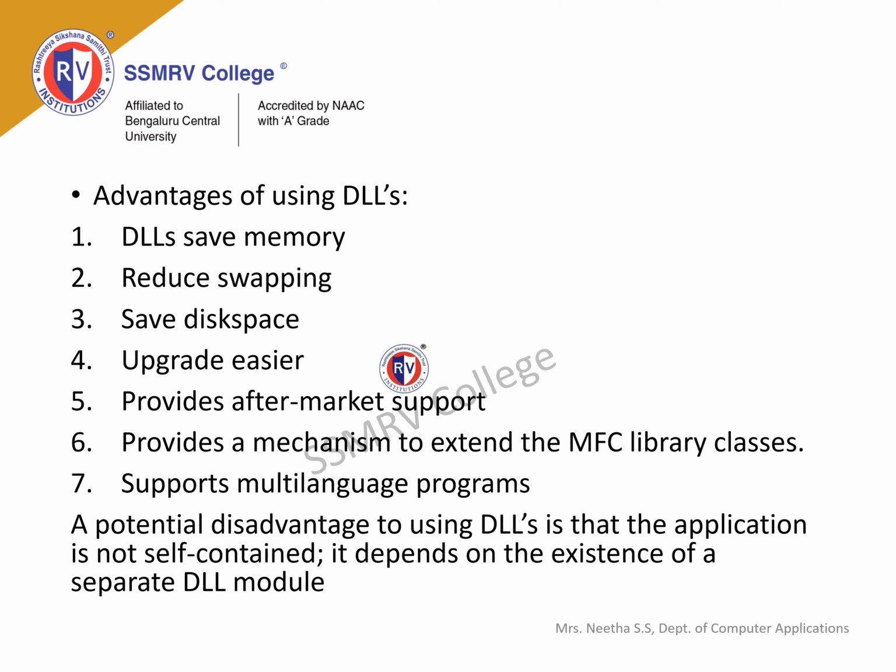DLLs save memory and disk space. Many applications can share a single copy of the DLL on the disk. Each application built with a static link library has the library code linked into its executable image as a separate copy. It also reduces swapping and saves disk space.